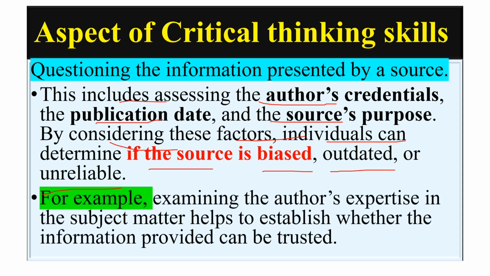For example, examining the author's expertise in the subject matter helps to establish whether the information provided can be trusted. So it is really important to check the author's credibility and reliability: the author's expertise, source's reputation, purpose and intent, and evidence and support.